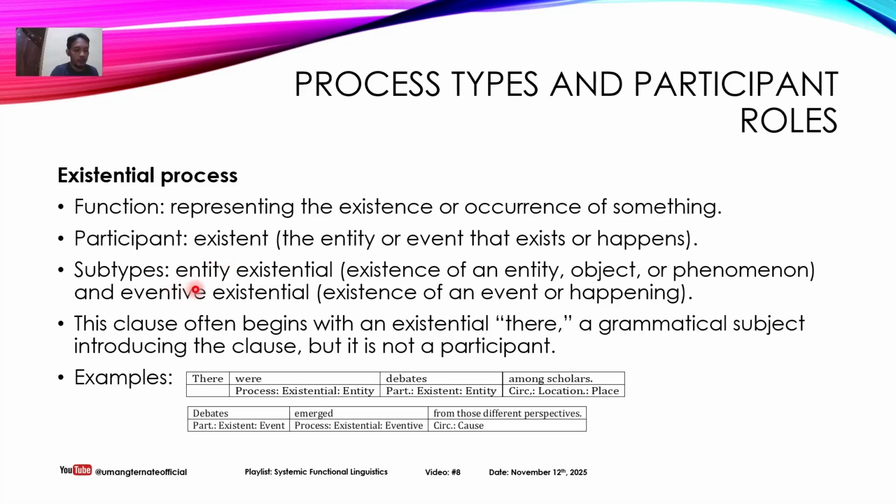The first one is the entity existential, referring to the existence of an entity, object, or a phenomenon, whatever it is, something static. And the second one is the eventive existential, which refers to the existence of an event or happening, something dynamic, something unfolding in the process.